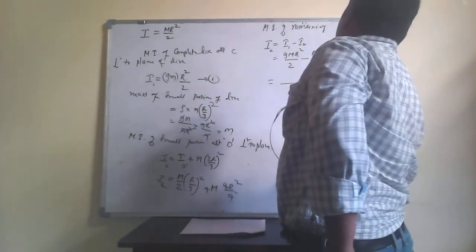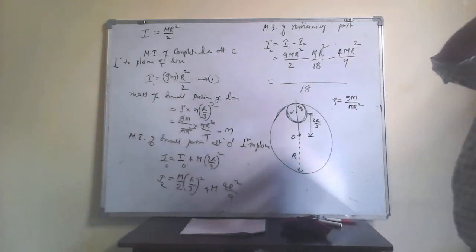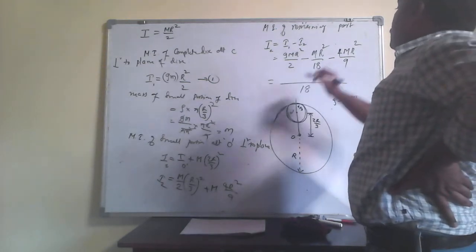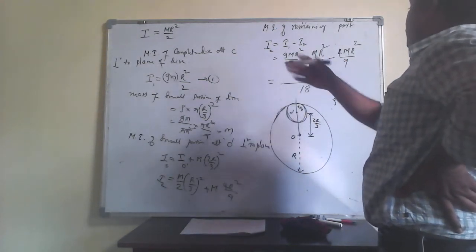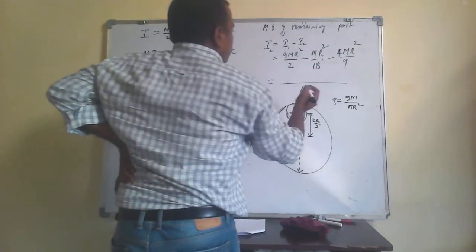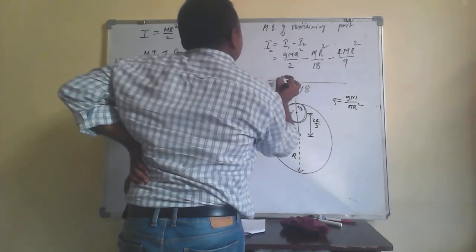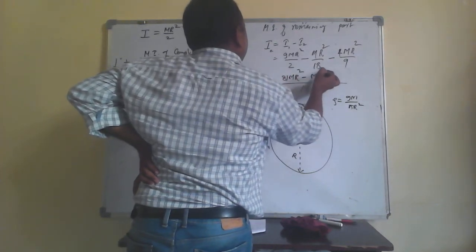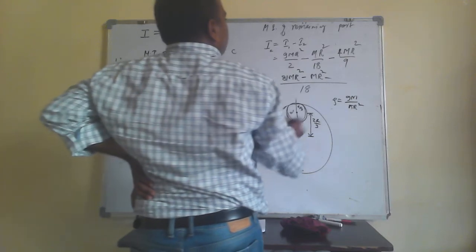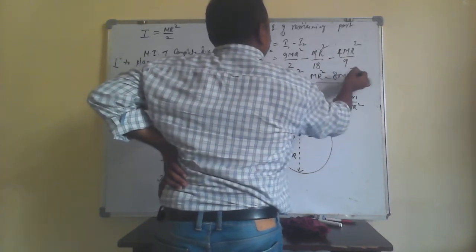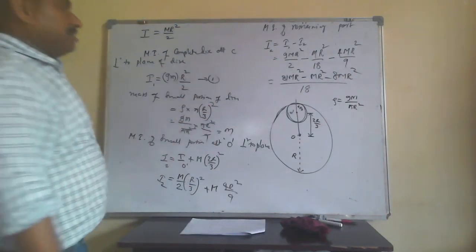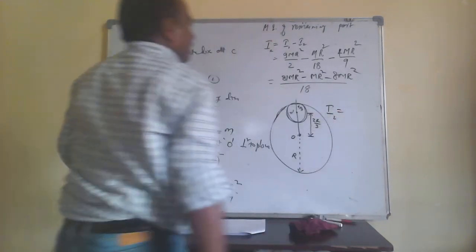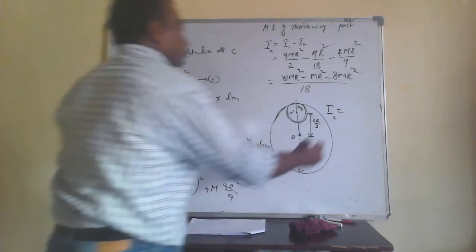Taking 18 as the common denominator, or otherwise taking m r square as common, we get 81 m r square minus 1 m r square minus 8 m r square, all over 18. Total is 81 minus 1 is 80, 80 minus 8 is 72.